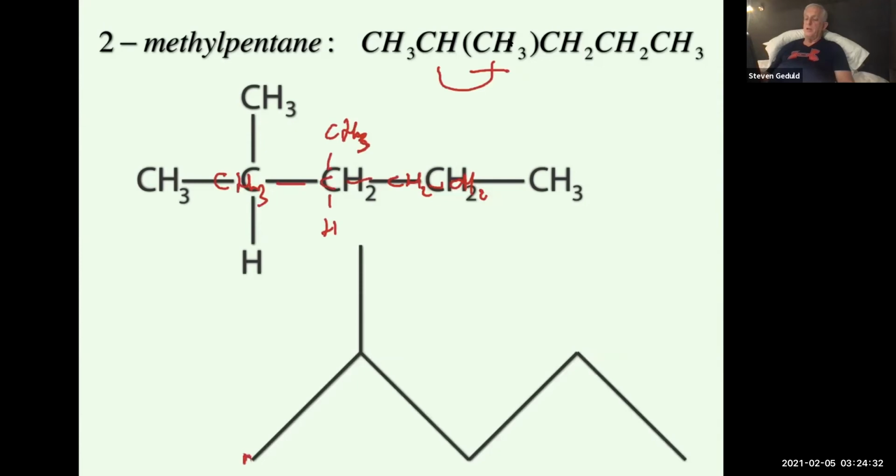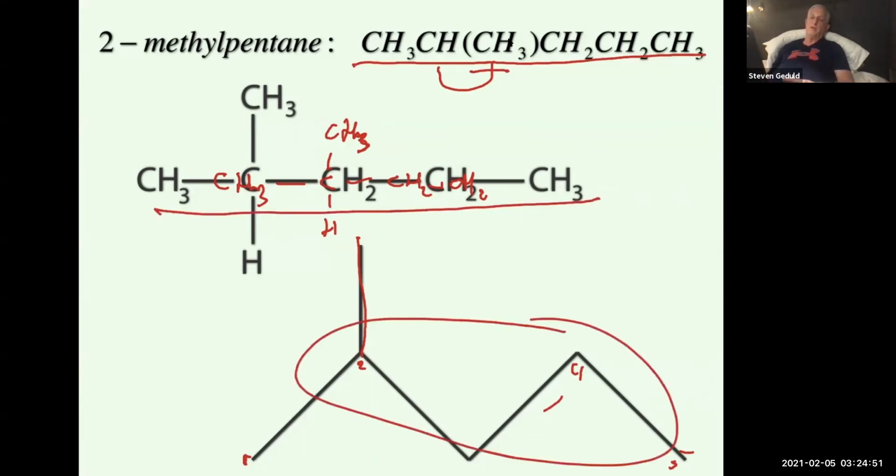Again, there's 1, 2, 3, 4, 5, and then 1 CH3 group attached to it. So this is a condensed formula, this is a structural formula, and this is a line formula. Know the difference between the 3 and how to interconvert between them.